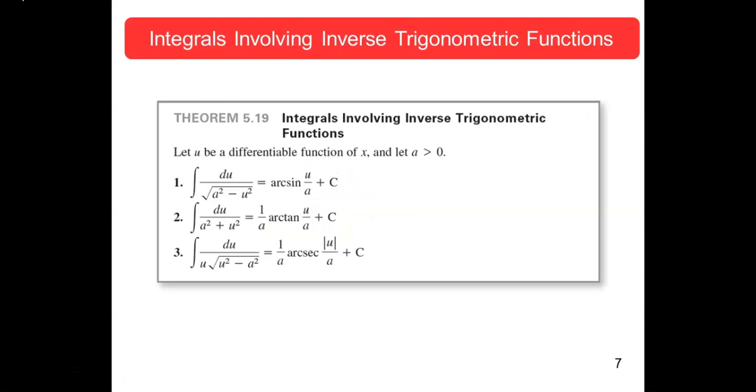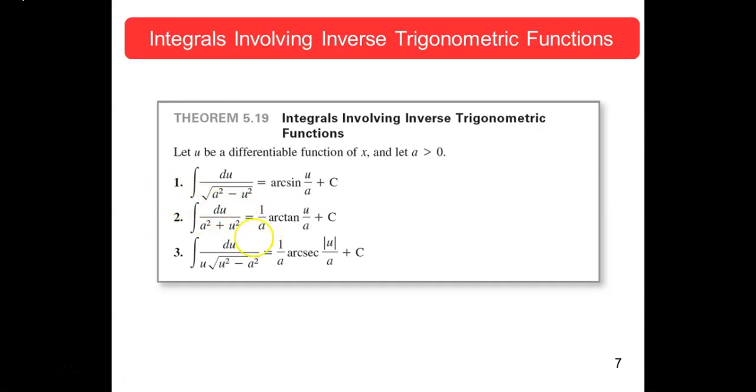And so these are just some indefinite integrals. For the first one, we have the integral of 1 over the square root of a squared minus u squared with respect to u. It's just going to be equal to arcsine of u over a plus c. Then the second one, the integral of 1 over a squared plus u squared with respect to u, is equal to 1 over a tan inverse of u over a plus c.